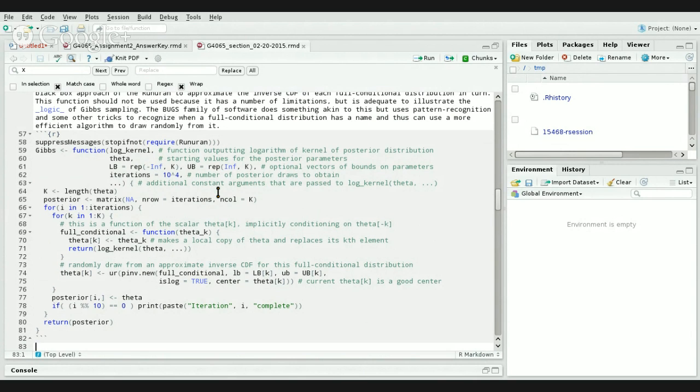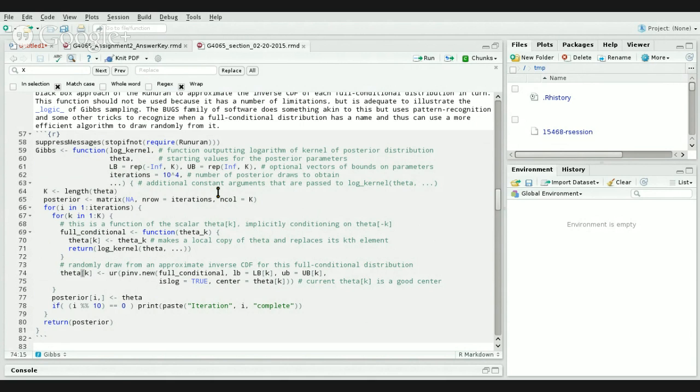Now, what BUGS and what MCMCpack more specifically do is, rather than taking this black box approach, they're recognizing the situations in which the full conditional distribution is going to be a named thing, and using a more efficient way to draw from that named distribution than what we have here.